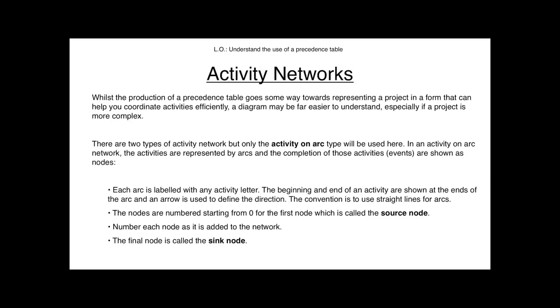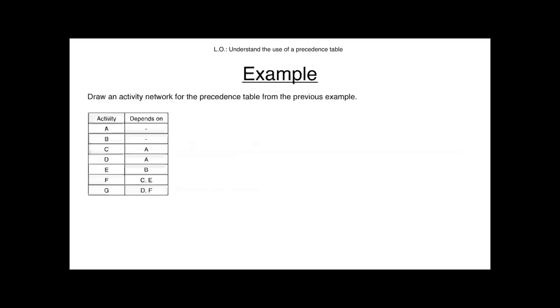Your beginning point in the activity network is the source node, and the final node is called the sink node. Because if you think about your bath, all the water eventually goes down the sink. So there you go. Everything goes down there.